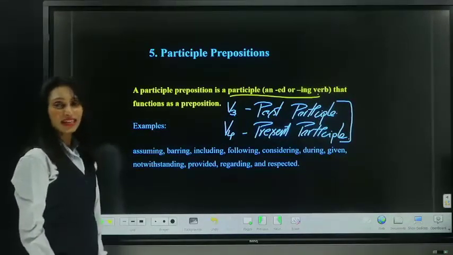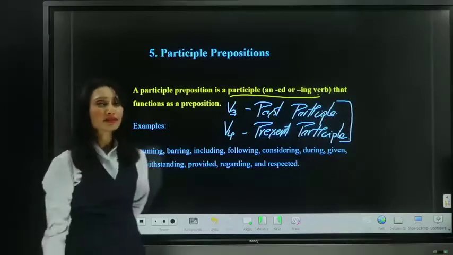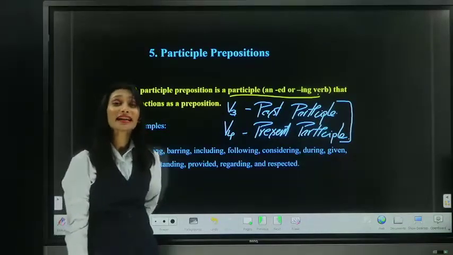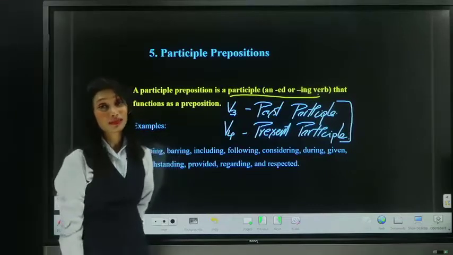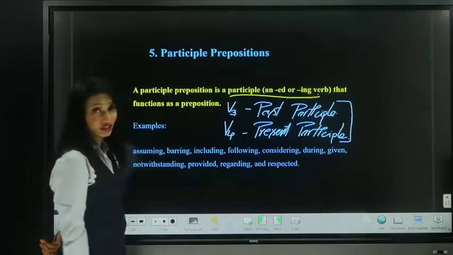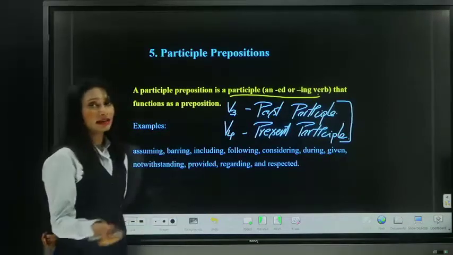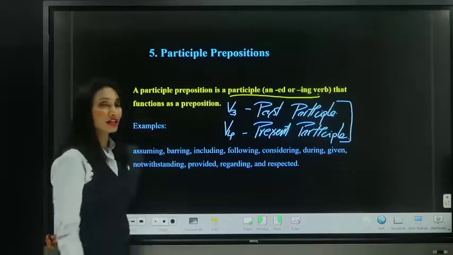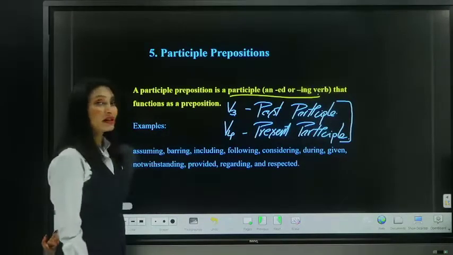They do not generally act as verbs, but they can act as more than verbs. We have seen participle adjectives where they act as adjectives, but now these are also acting as prepositions, hence they are called participle prepositions.